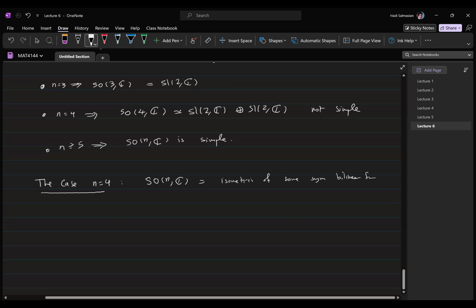Now you can choose a form which is diagonal. In other words, the matrix of the form is just the identity matrix, but you can choose any symmetric matrix and write this bilinear form.